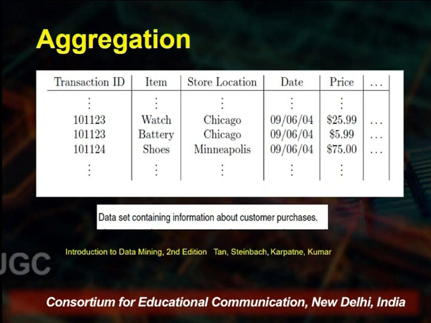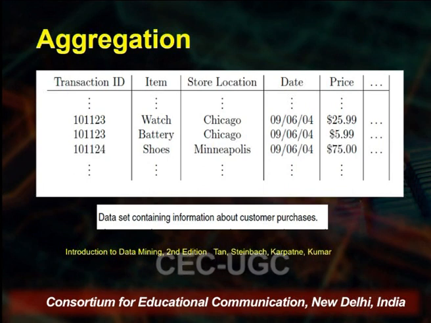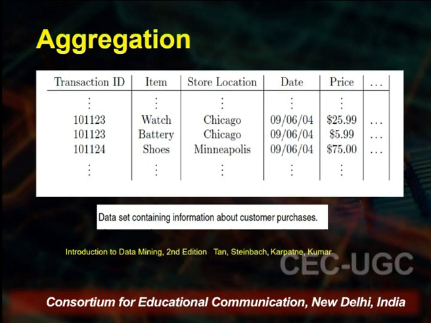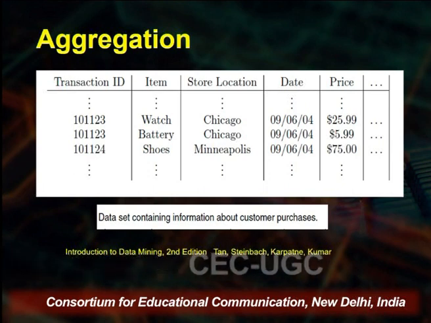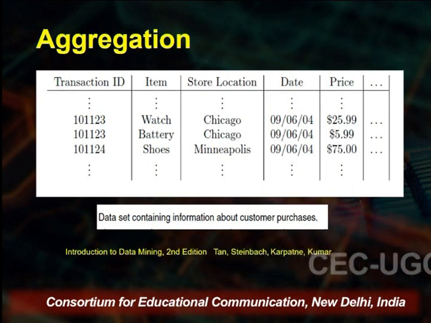Then we understand another thing, that quantitative attributes, like for example price, are easy to aggregate because you can calculate the total price or the average price. Qualitative attributes, like for example item, cannot be aggregated as such, but we can combine similar items and make them into one head.